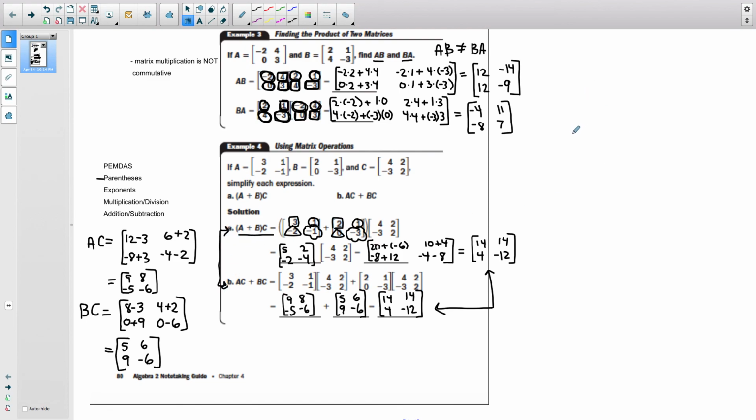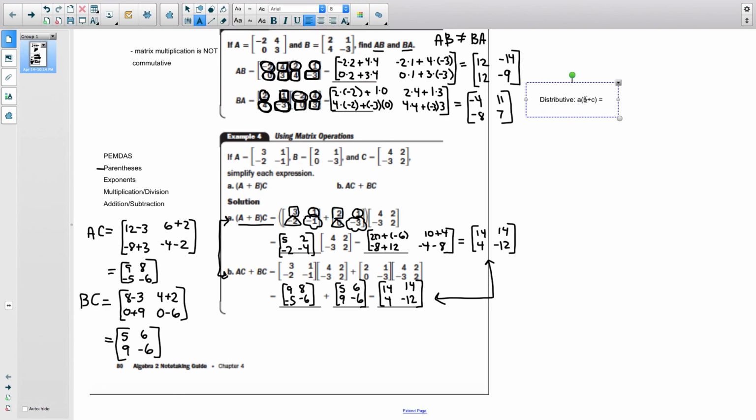All right, so remember with distributive property, I'm not going to write this, I'm going to go ahead and type it. Okay, so with distributive property, we knew that if we multiplied A times B plus C, I can distribute the A to both the B and the C. So that would give me AB plus AC.